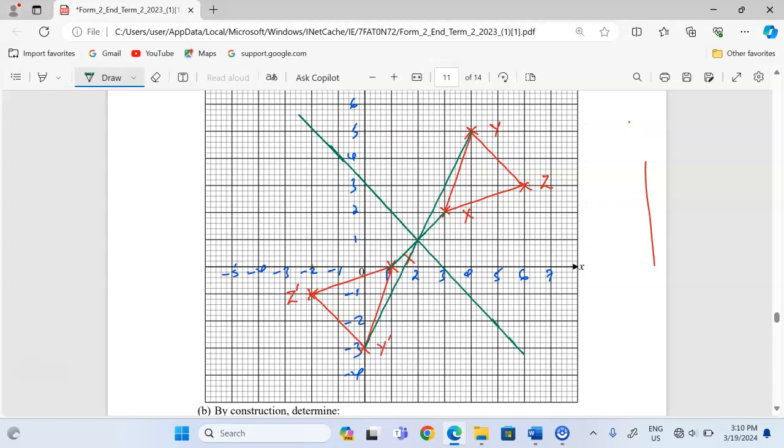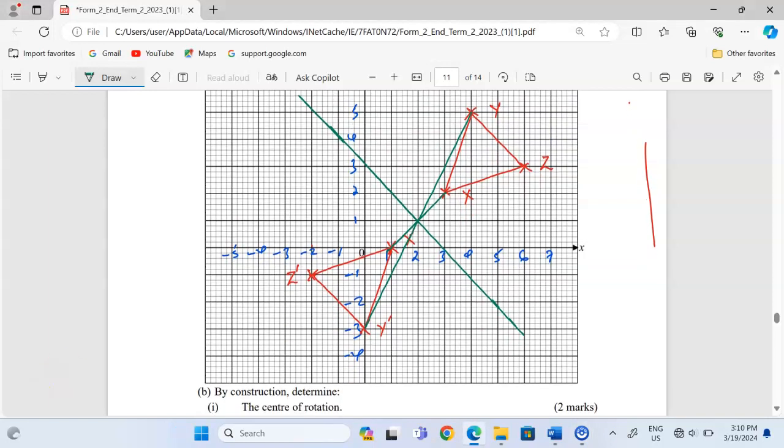So we bisect it perpendicularly. Let me show you where the perpendicular bisector will pass through. So this is the point. That is where the perpendicular bisector will pass through. So we draw a perpendicular bisector through that point.